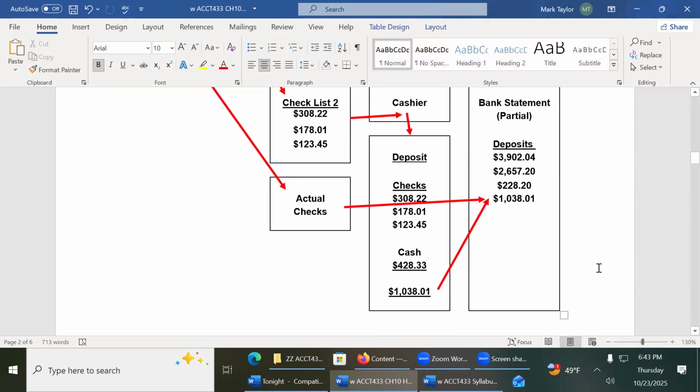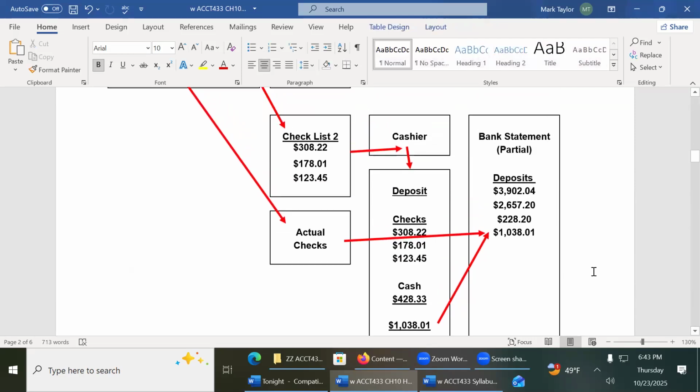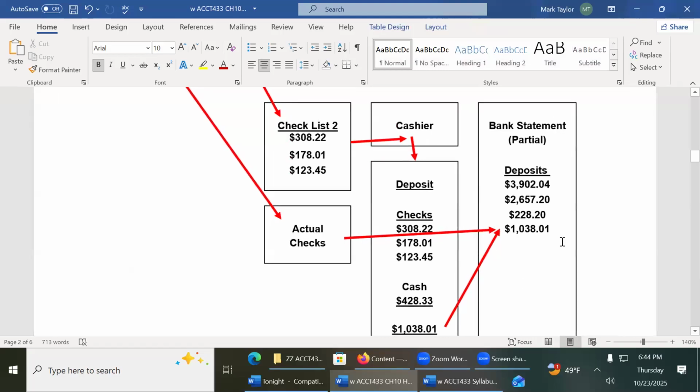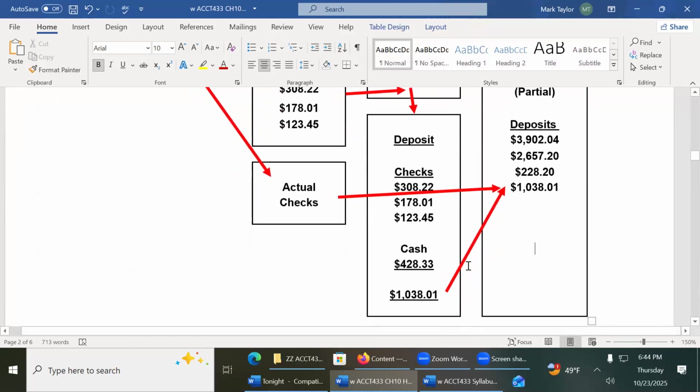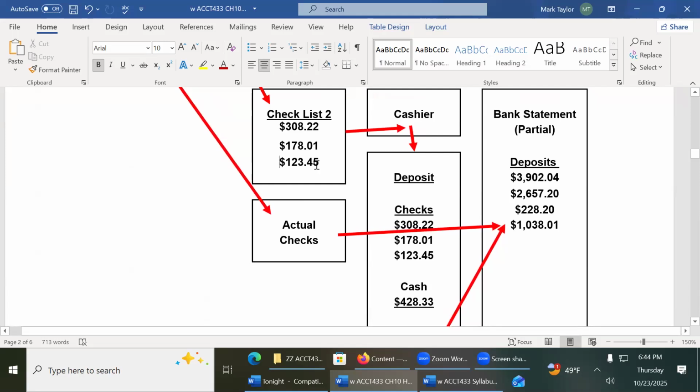Okay, now I want to show you something though that's important about this, and that is when you're actually looking for an individual check. So let's say that there's a problem with the 123 check.